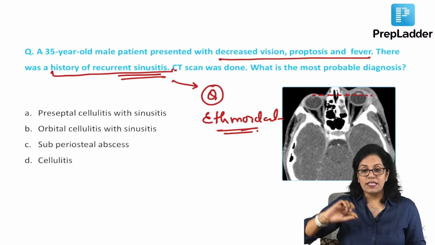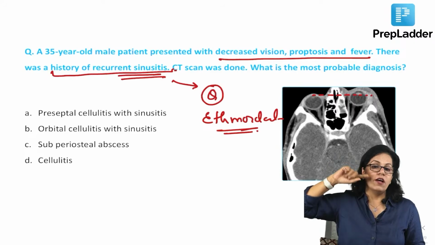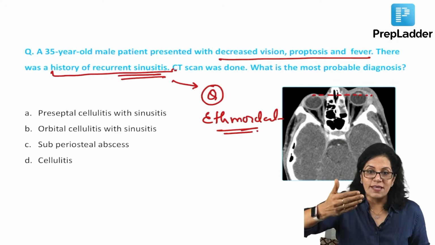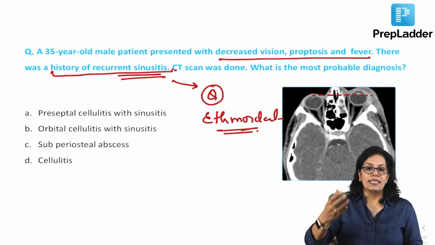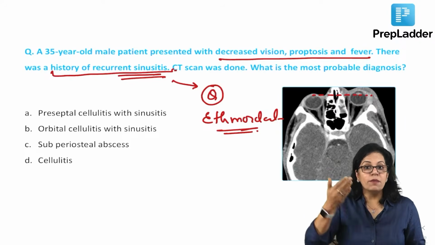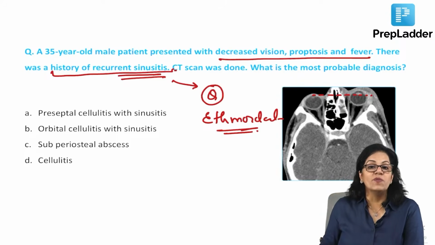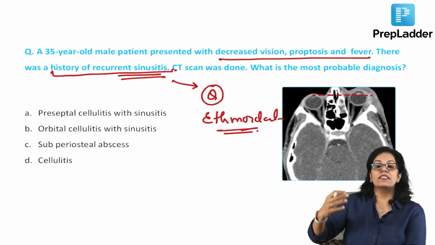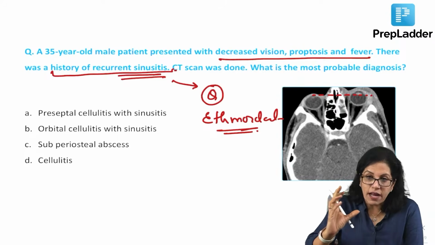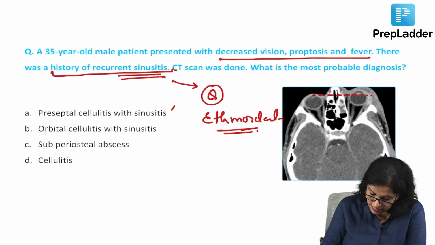This gap is filled with a thin connective tissue which is called the orbital septum. It acts like a wall of the orbit. Anything in front of the septum, like any insect bite around the lids, is preseptal. I am not much bothered about that. But anything behind the septum is orbital cellulitis, where the orbital cavity is involved. So, it is only when something is in the orbit that it will push the eyeball out, causing proptosis. Therefore, preseptal cannot be the correct answer.